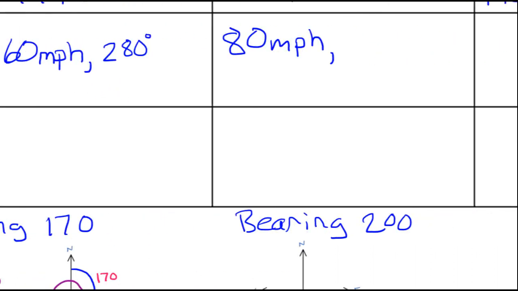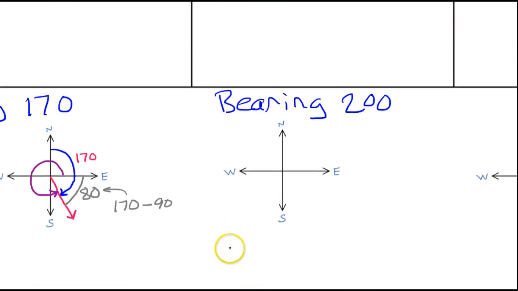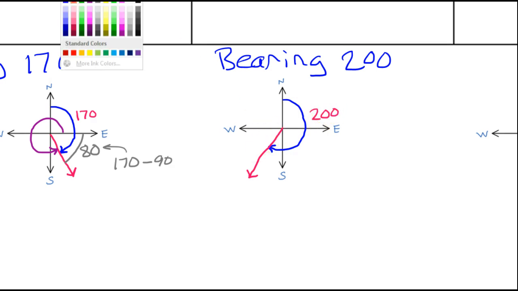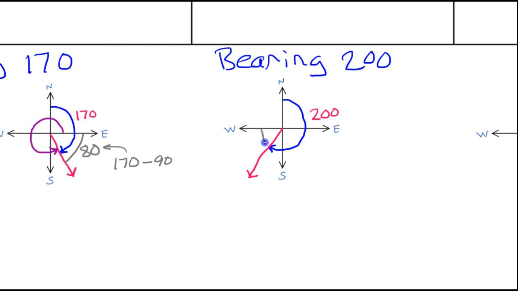Now let's deal with the wind vector. The wind was blowing at a bearing of 200. Again, bearing is measured from the north going clockwise. So there's 90, there's 180. A bearing of 200 is definitely going to be in the third quadrant. So I'm dealing with a vector that's something like this, and this blue is the 200. It would really be nice to have this reference angle right here.